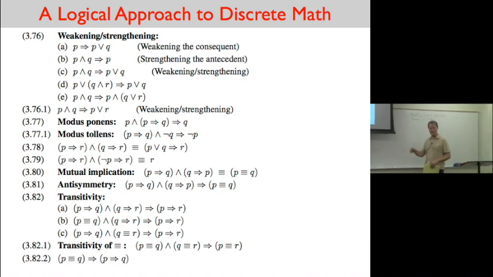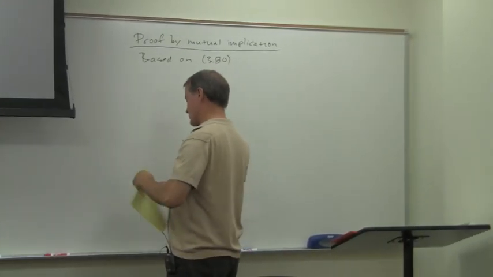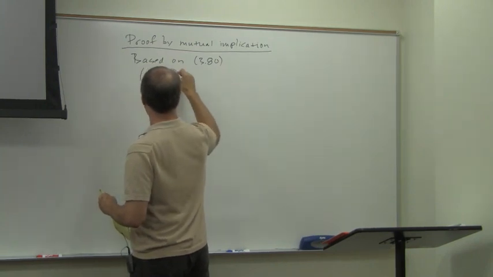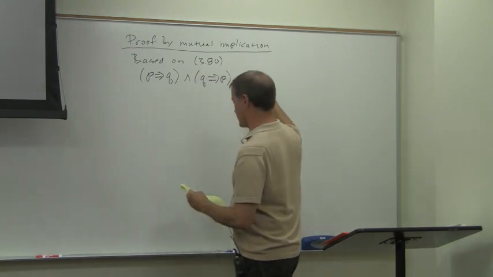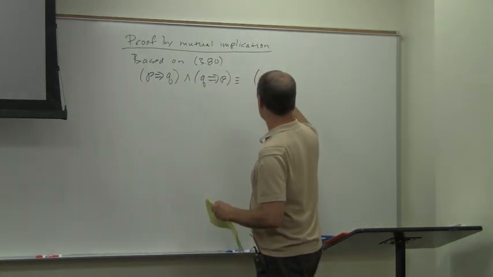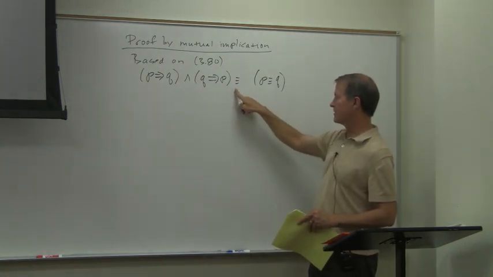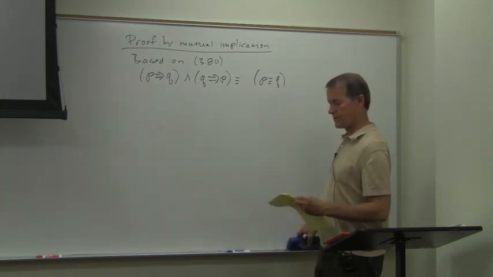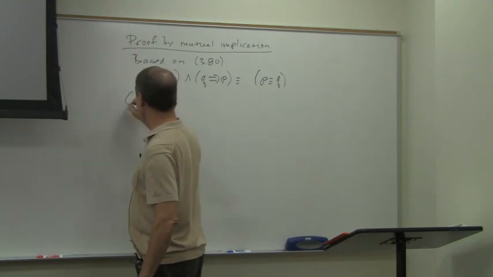So you prove it in both directions. So it's clearly based on 3.80. This parentheses is really unnecessary because we have an equivalence here, but we just put it there for emphasis. And let me just make a statement about this.